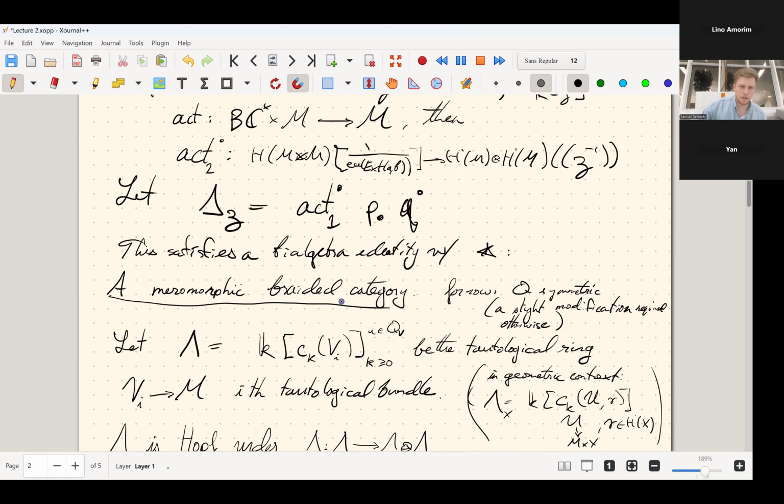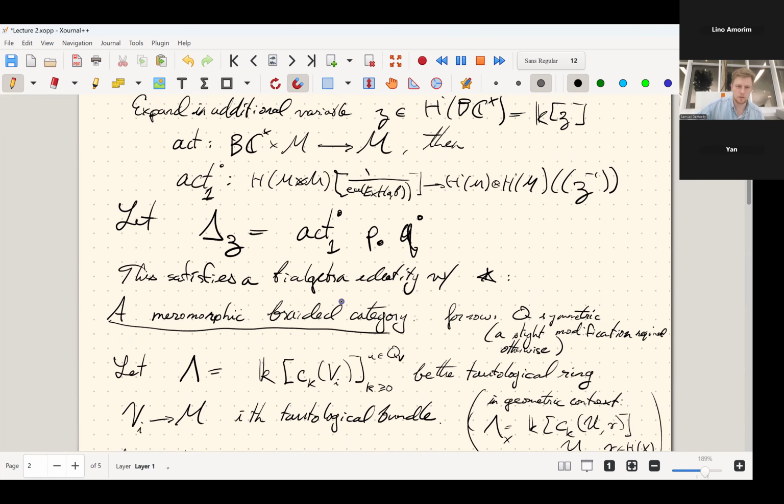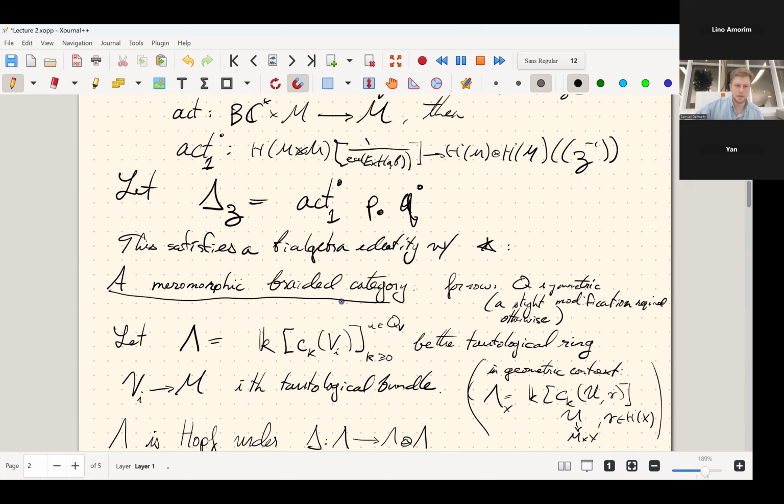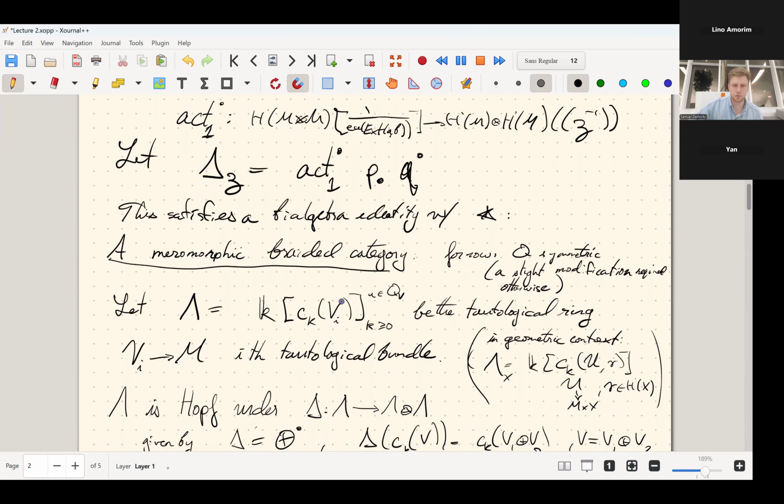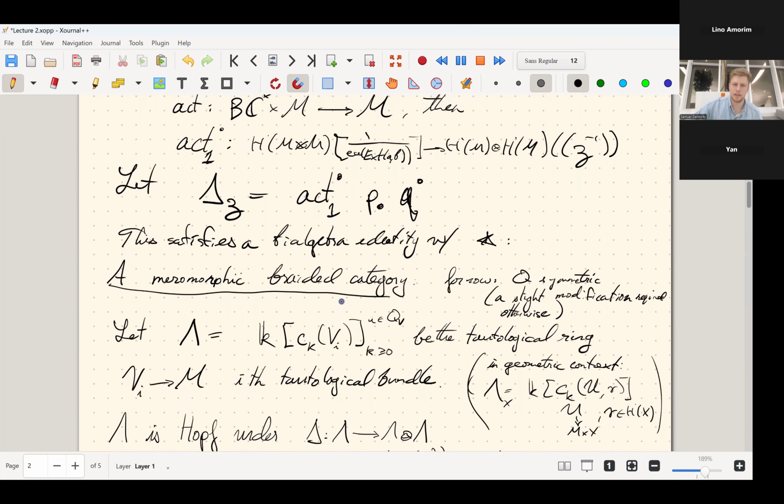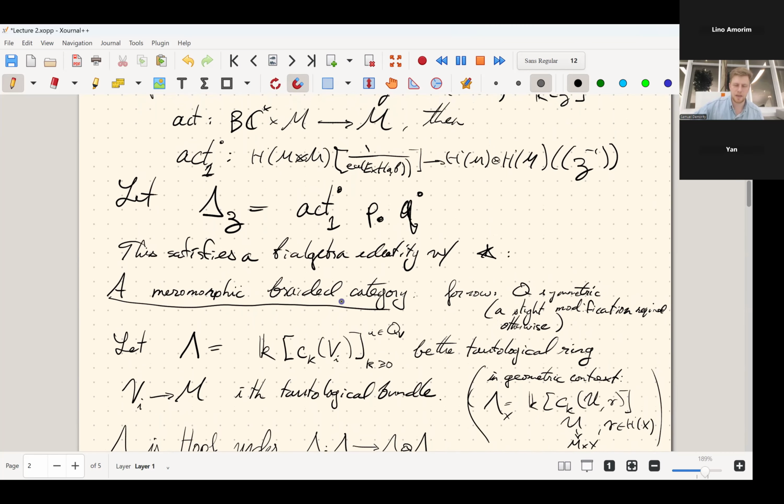And then we're going to resolve our localization, or our denominators in our coproduct, by expanding all of the Chern roots of the first term by adding an extra variable and expanding in that variable.